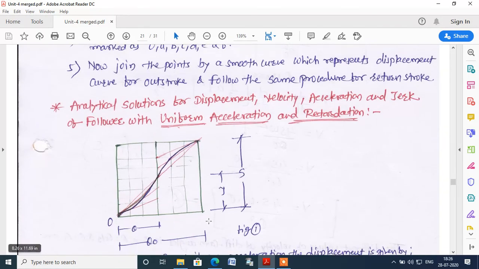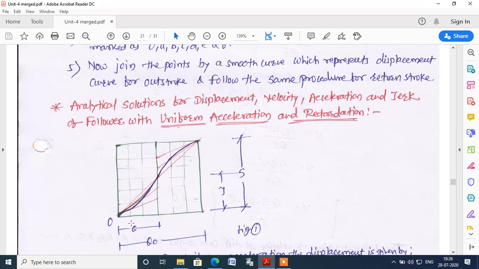So here let us say this is theta. We have to divide this line into 6 equal parts by using the engineering graphics method. Draw another line from this at an angle of 45 degrees or 30 degrees, then divide this into 6 equal parts.